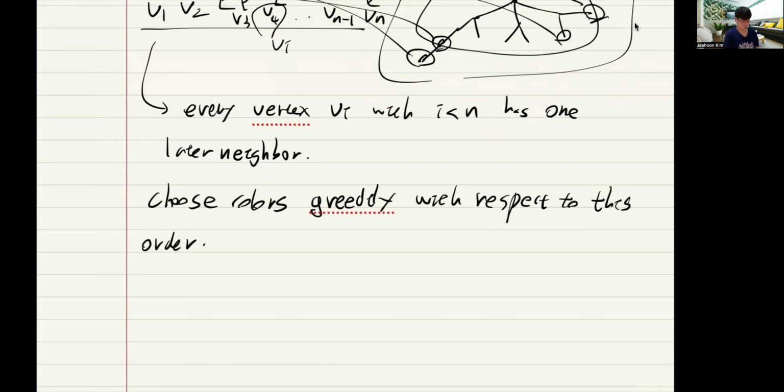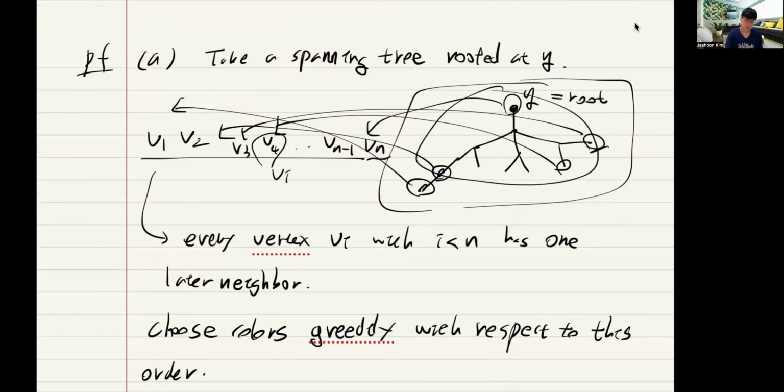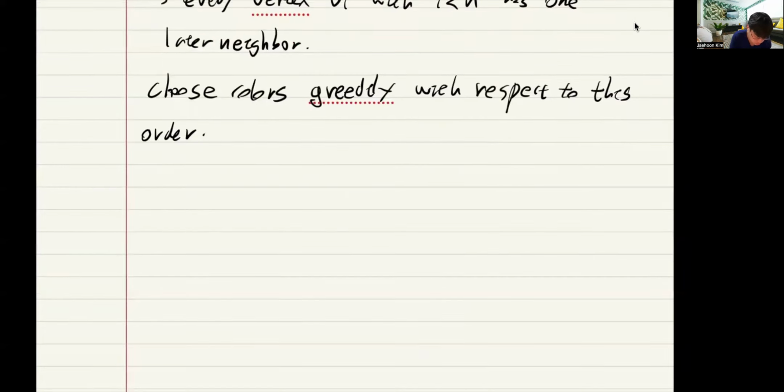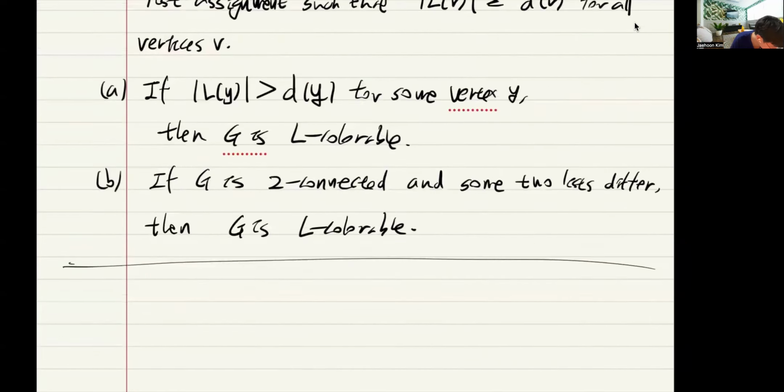Then what happens? Every vertex Bi has less than its degree earlier neighbors, so you can choose a color for it from its list. So, for the last one, you have a list bigger than its degree, so you can complete. I will not write it in detail, but it proves A.